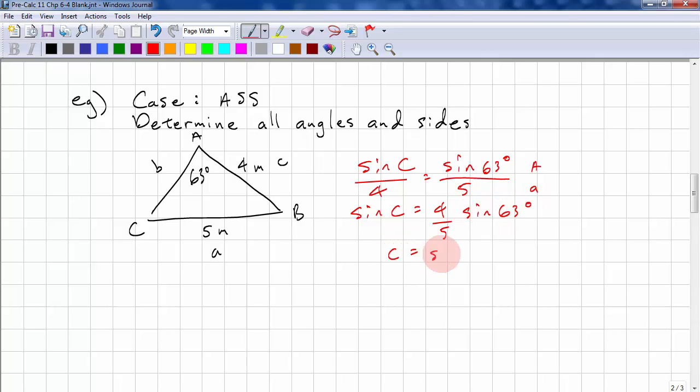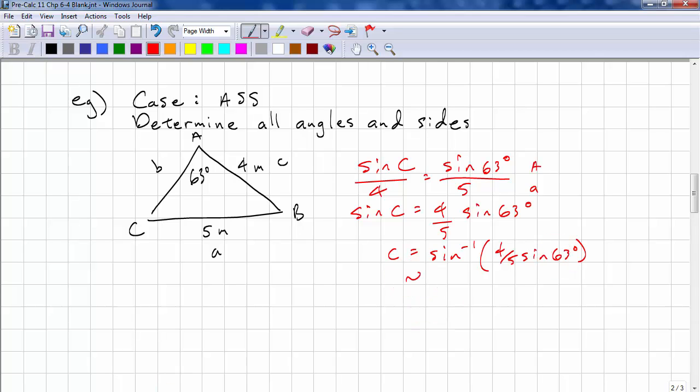C equals inverse sine of 4 over 5 sine 63 degrees. And it's best to do this all in one go rather than figuring out this value and then doing the inverse sine. This will give you the most accurate calculation because we haven't rounded anything off.